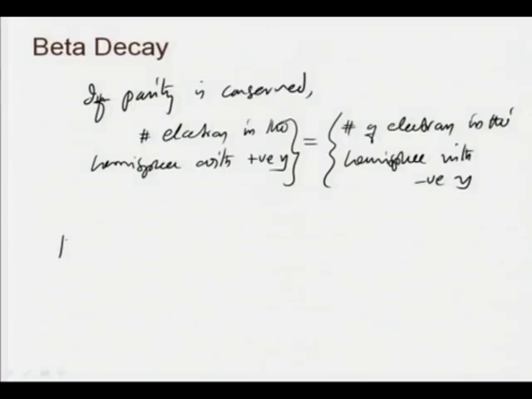In fact, this experiment was performed. The experiment was performed to specifically look at this situation, and it was performed by Wu and her collaborators. The observation is that it does not happen so.